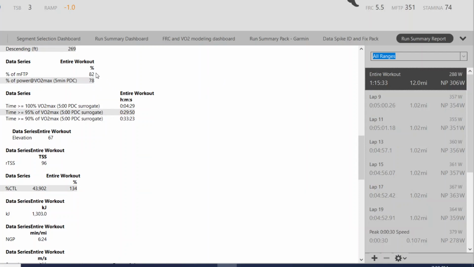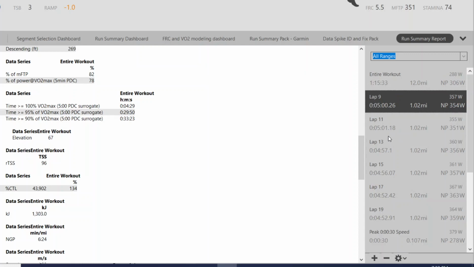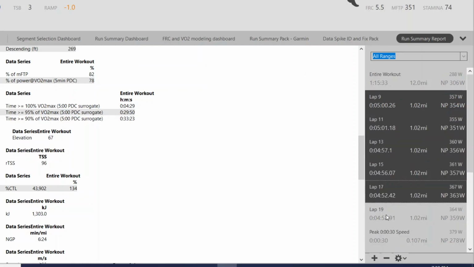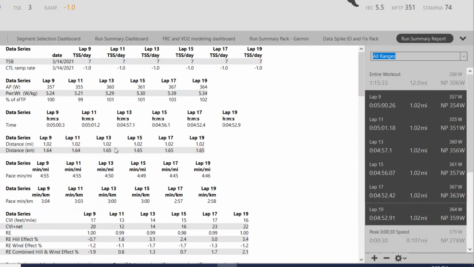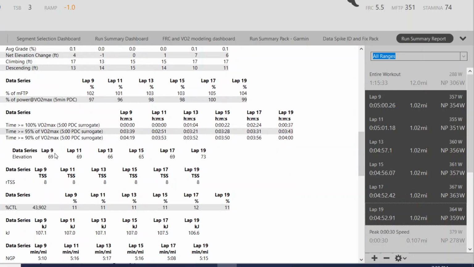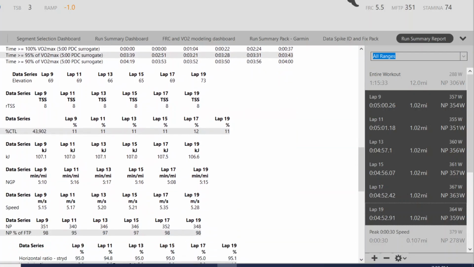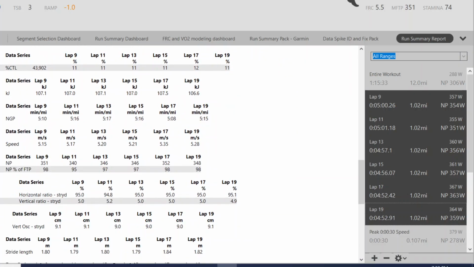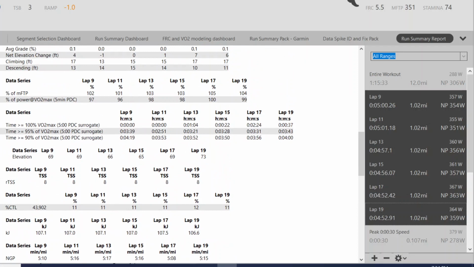This allows me to look at, let's go look at these individuals here. It allows me to look at using the 5-minute modeled power. 5-minute modeled power right here is my surrogate for a power at VO2 max.